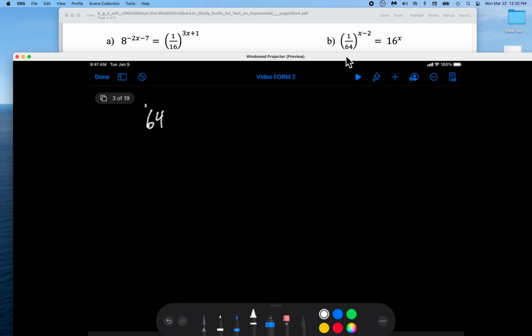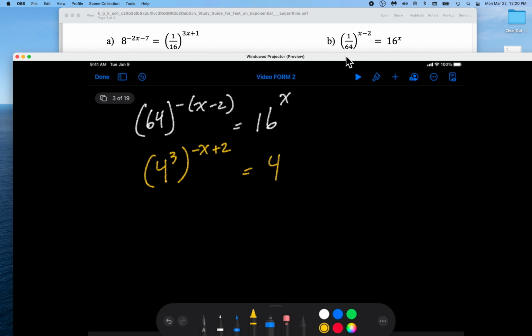And then change that to a negative x minus 2. We're going to set that equal to 16 to the x. Now we're going to replace 64 with 4 to the 3rd. Negative x plus 2 equals 4 squared to the x.